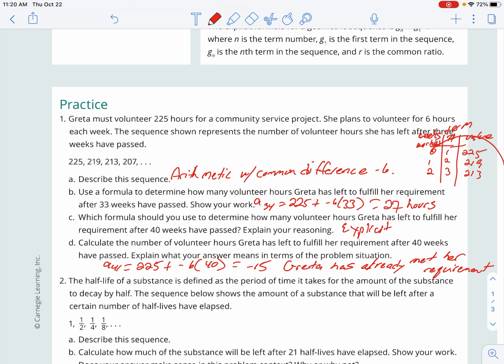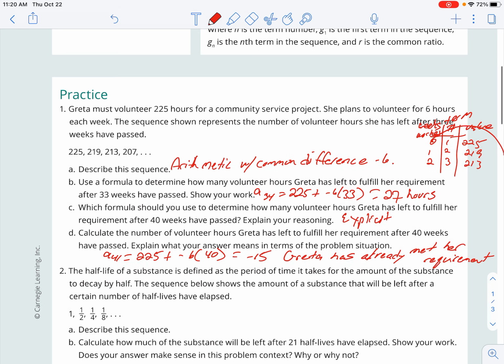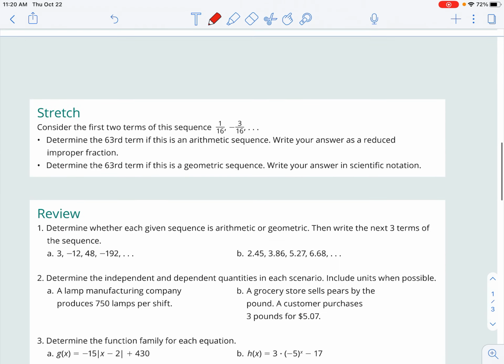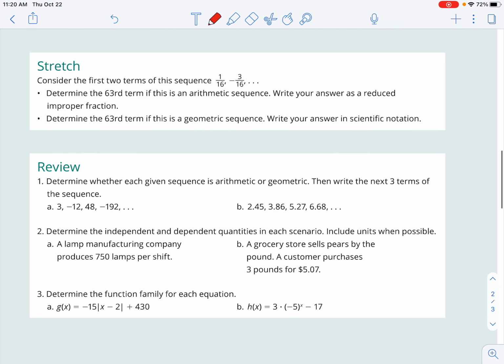So she's then done. At some place before 40 weeks, she's met her requirement. So it's going to be around 37 weeks or so where she met her requirement of hours.